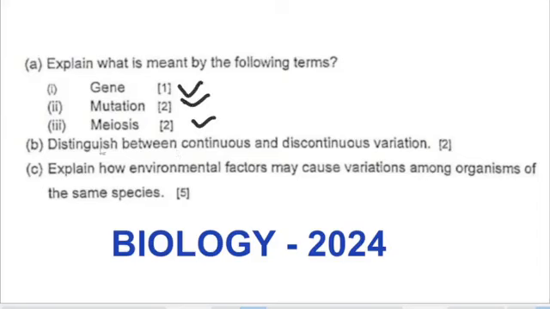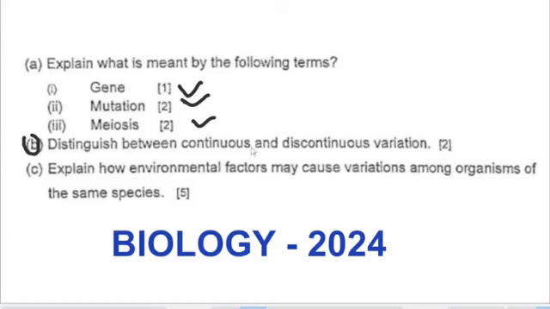Let us now move on to our question B right here. Under question B, the question reads, distinguish between continuous and discontinuous variation, 2 marks. To distinguish means to state the difference between the two, continuous and discontinuous variation.